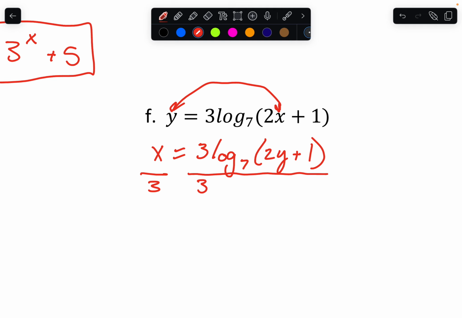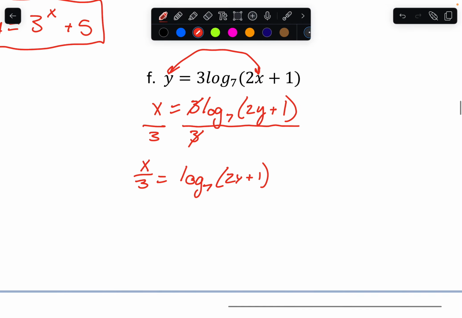The 3's cancel out on this side. I get x divided by 3 equal to log base 7 of 2y plus 1.